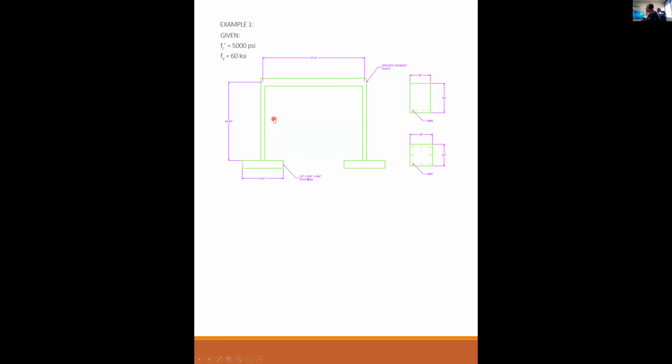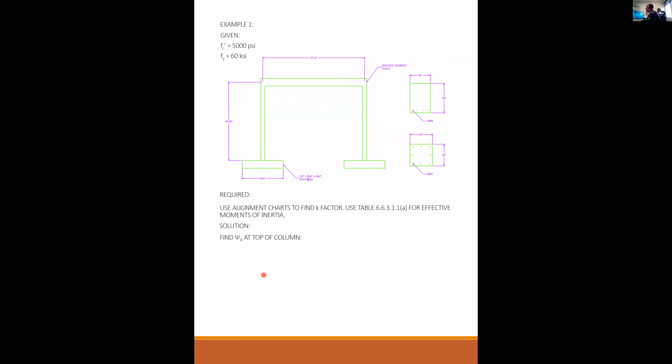This frame from joint to joint is 24 feet tall, 27 feet wide, and it is braced against sway. The footings, typical, are 6 feet by 8 feet, and you can see that they're 8 feet in the direction of bending. Required: use the alignment charts to find the K factor. Use Table 6.6.3.1.1(a) for effective moments of inertia.